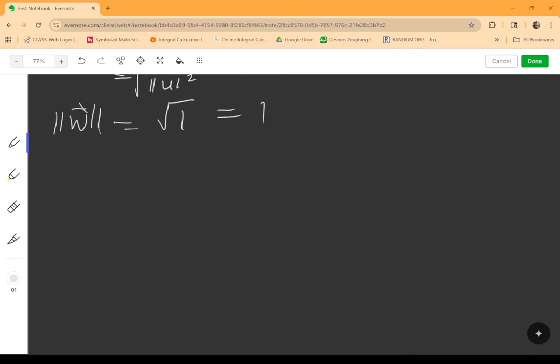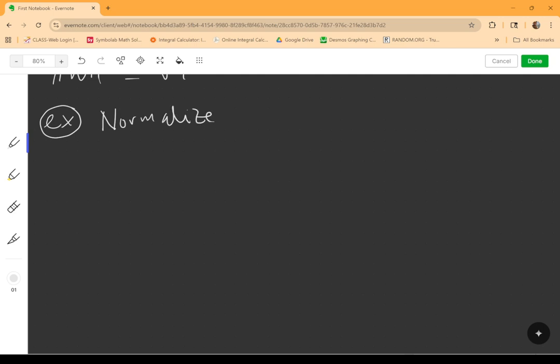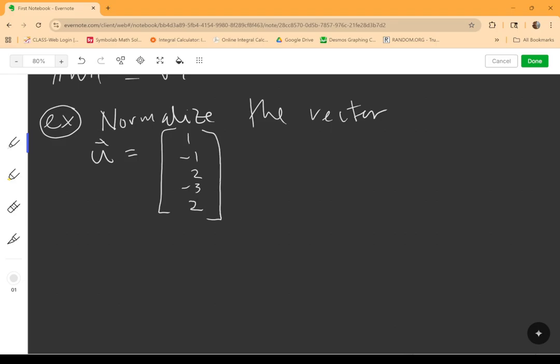Okay, so let's try an example. I want to normalize the vector u equals (1, -1, 2, -3, 2). Most likely any vector you're given will not have a length of 1, so that's okay.